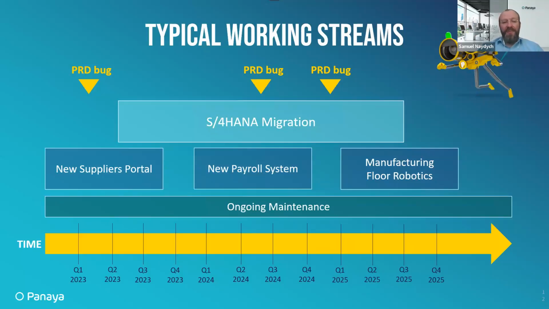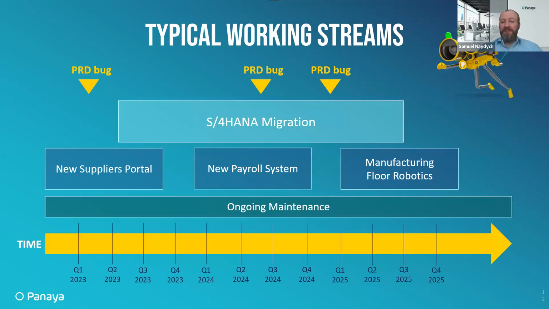The business cannot stop, especially today. New innovations have to be introduced, for example a new suppliers portal, a new payroll system, manufacturing floor robotics. Everything needs to be introduced into the environment to make the business successful.